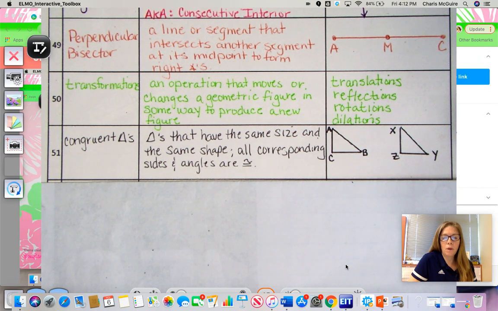They don't have to be perfect because we're going to use some tick marks to show what's congruent, and then we're going to write a congruent statement. So it's really important that you know how to do that.